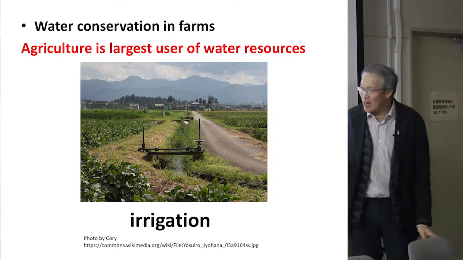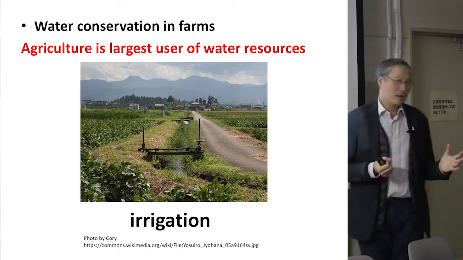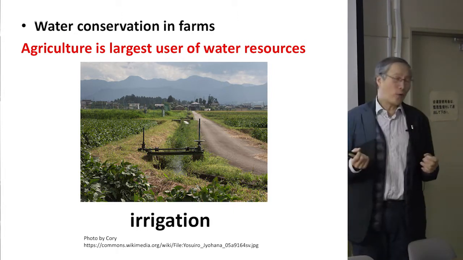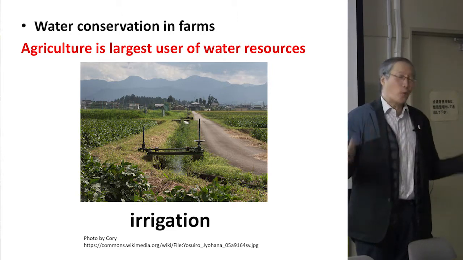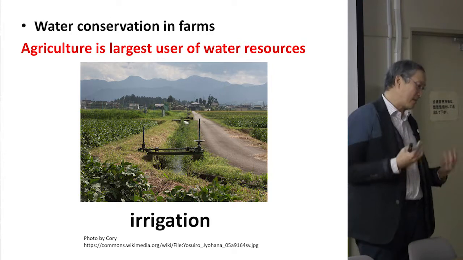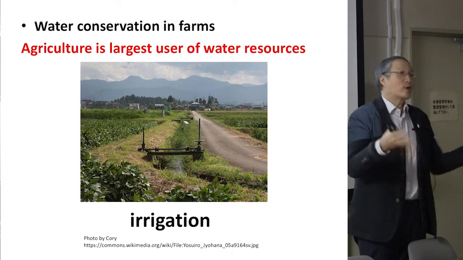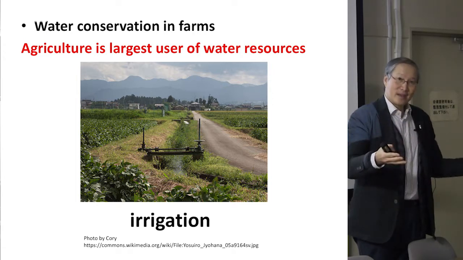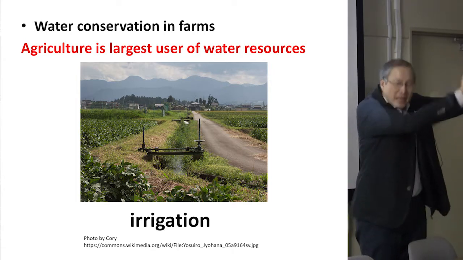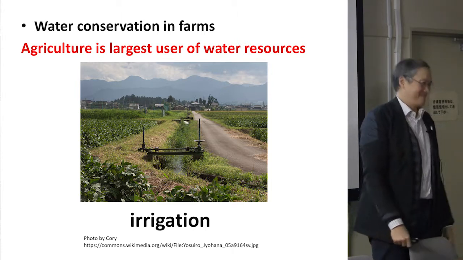Okay? Irrigation is very important. This is a very big issue, especially for plants that need water all the time, like rice. You need a flat land in order to have water. You cannot plant the rice on the slope because the water cannot stay on the slope. Okay?